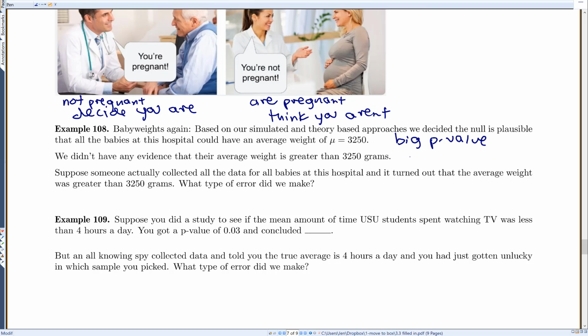So we had a big p-value. We thought the null is plausible. But when they actually collected the data, the null is wrong. So what type of error do we make? Big p-value always means type 2 error.